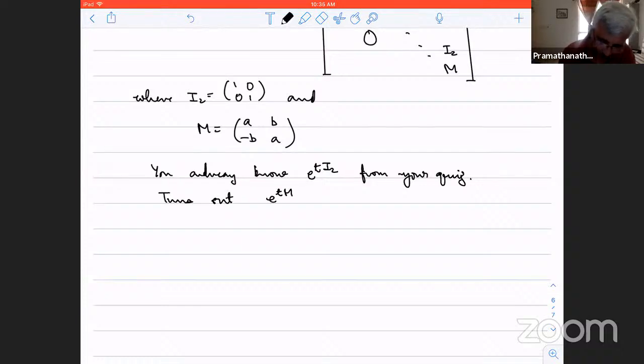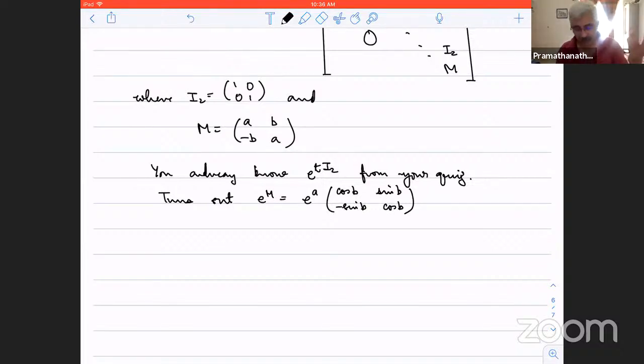I'll tell you what e to the power M is, but you'll have to work it out. It will be e to the power a times cos b, minus sin b, cos b, something like this. And so e to the power tM will also look like e to the power ta times cosine tb and stuff like that, or whatever it should be. And then you can work out many things.